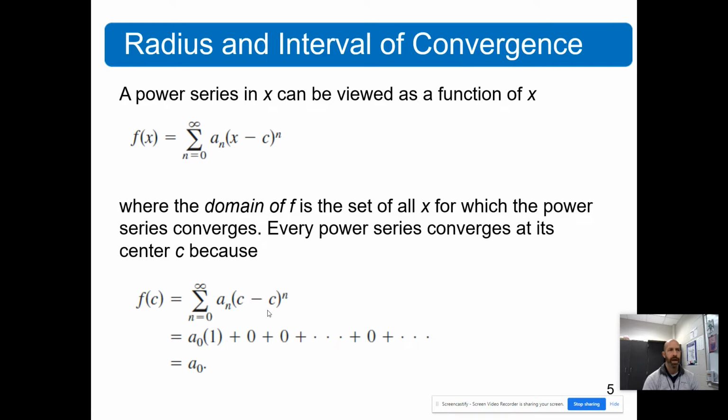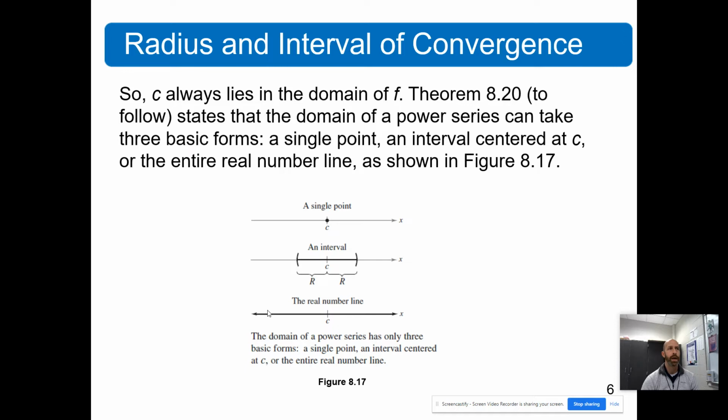So we've got a naught, and by the way, the first case here we have n equals 0, so that's going to give us 1. So it's just going to be a naught. In other words, every power series converges at c. So c always lies in the domain of f.